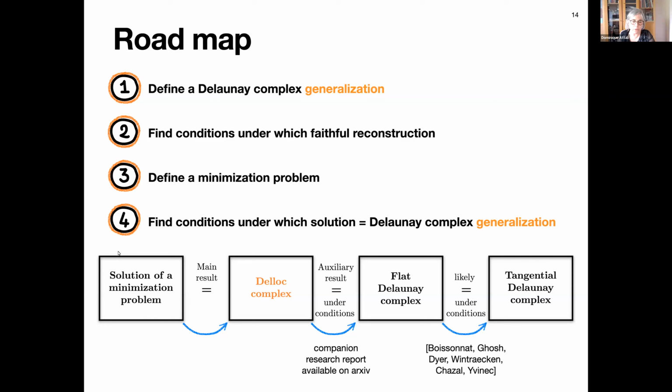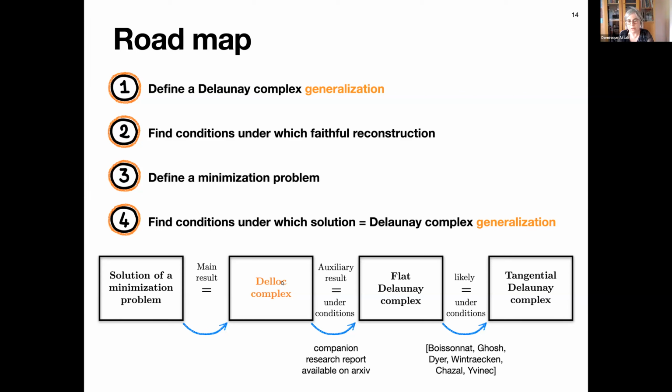So when we started this work, we had a clear idea of the minimization problem we wanted to consider. And so we tried to study the solution, and the Delloc complex was perfect for that.